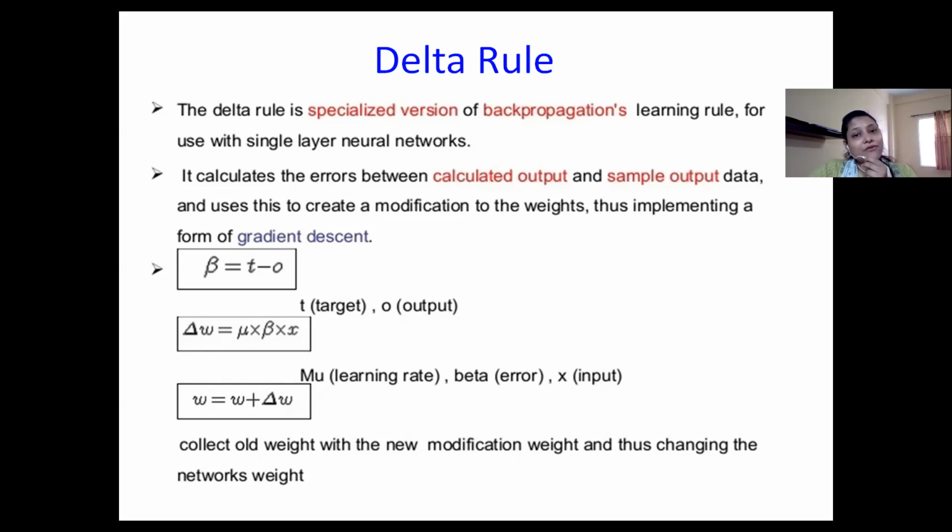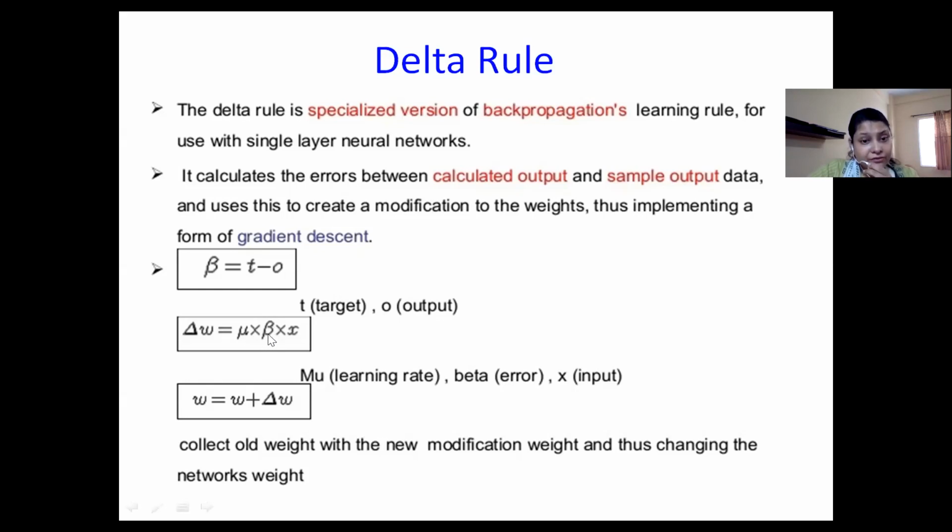So we can have obviously the learning rate, mu, which we have already studied in the perceptron. We can expect an alpha or mu or a as a learning rate. That means the rate at which these weights are going to be updated. So here also we have some learning rate, which is defined as mu.